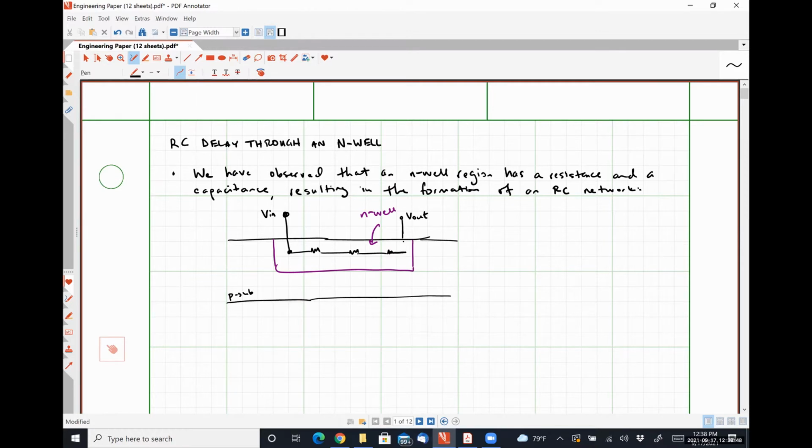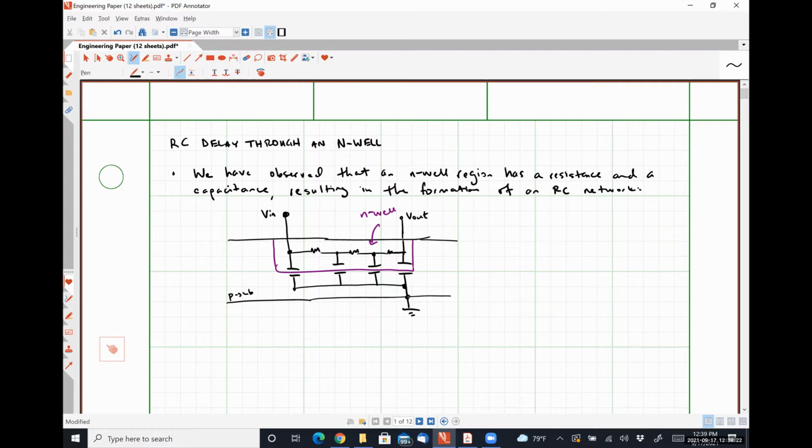So I have my resistance, and then also some capacitance to take into account, and the bottom plate of my capacitors are all tied together.